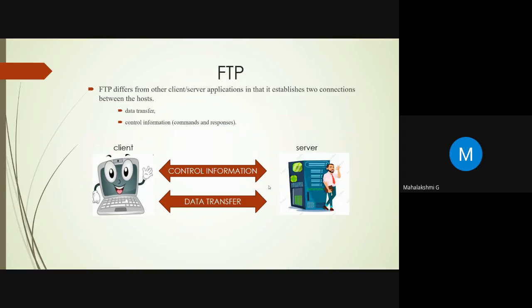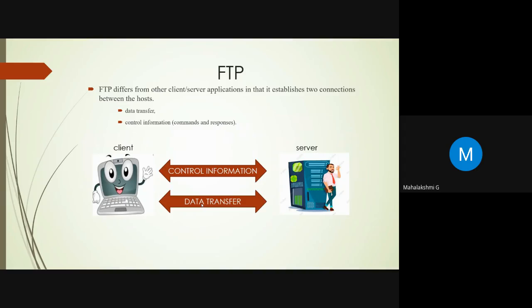The data connections, on the other hand, need more complex rules because we have varieties of data types to be transferred. However, the difference between the control information and data transfer will be known only to FTP, not to TCP. According to TCP, both the connections are treated the same.